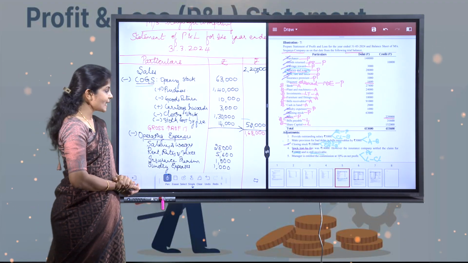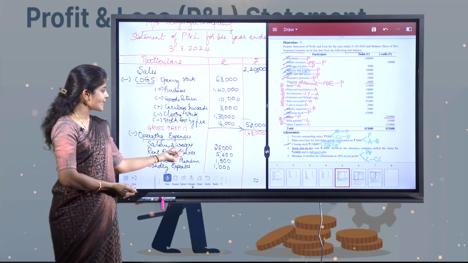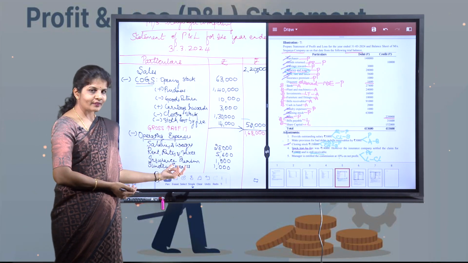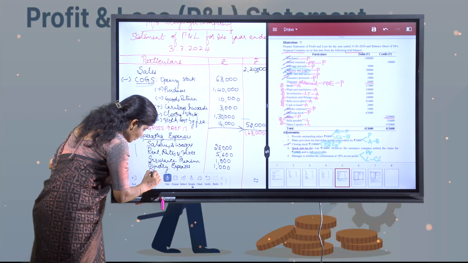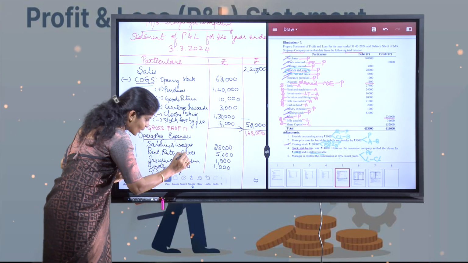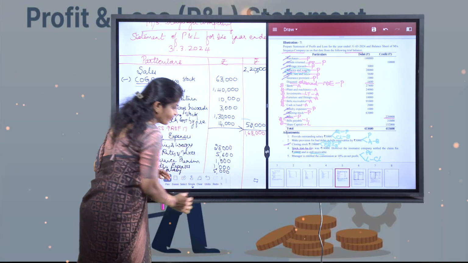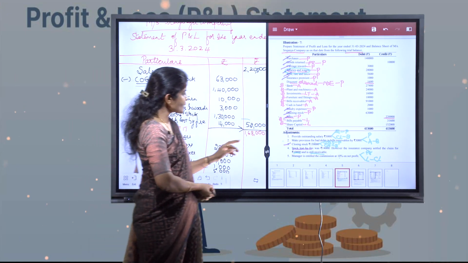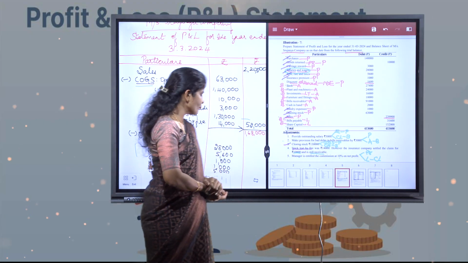This outstanding salary of 5,000 should be added to the salaries and wages. Since we have not taken it, we can add it here as outstanding salary. What is the amount? This is 5,000 rupees.